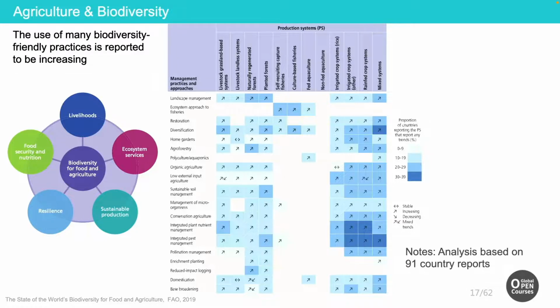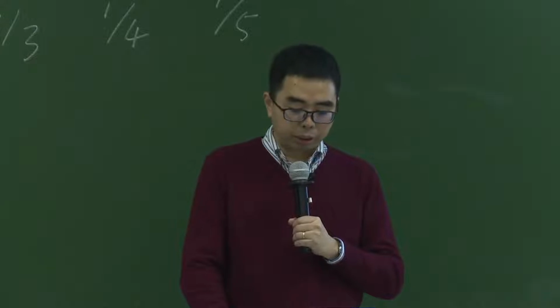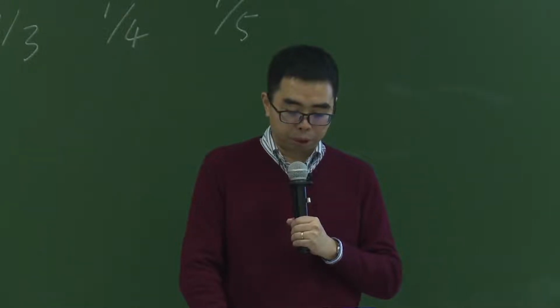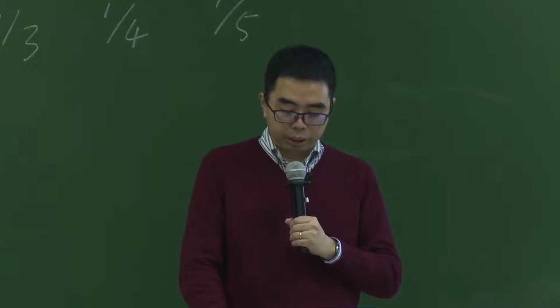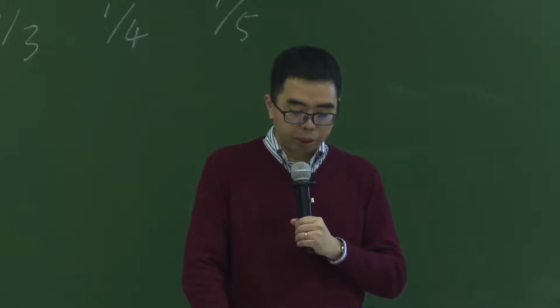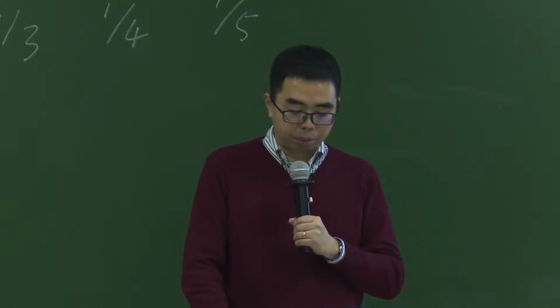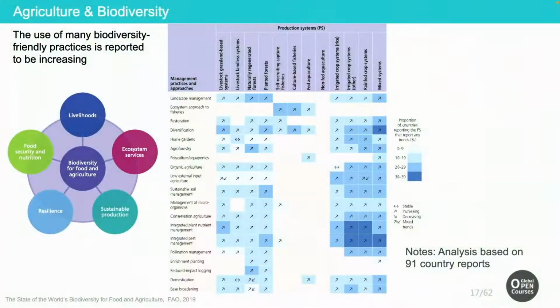The first column lists the biodiversity-friendly management practices and approaches, like landscape management, ecosystem approach to fisheries, restoration, and so on. The first row lists the agriculture production systems affected by those practices and approaches. We can read from this figure that more and more biodiversity-friendly agriculture practices were implemented around the world.